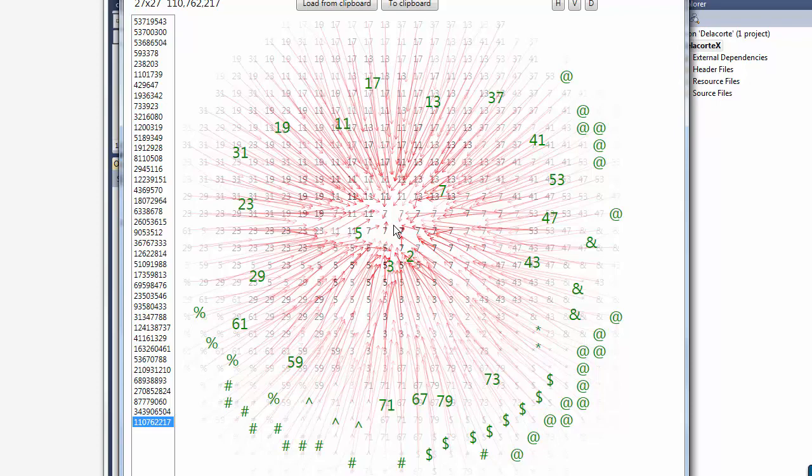You'll notice that the distance of each green number to the center is sort of related to what that number is. So 2 is the closest to here, then 3, then 5, then 7, then 11, then 13, 17, 19, 23, 29, 31. They sort of go out further.